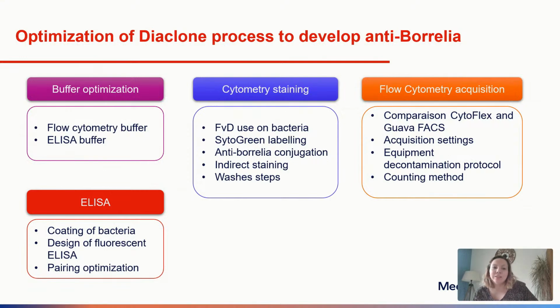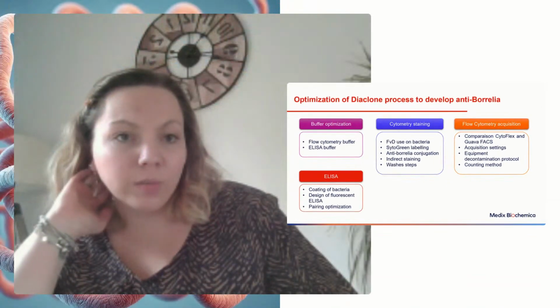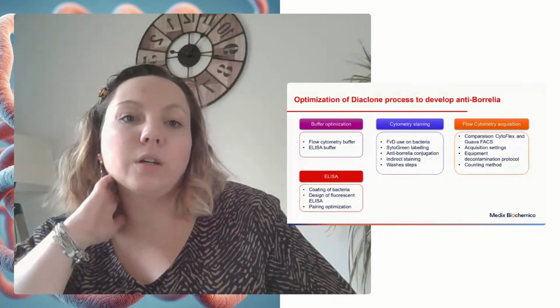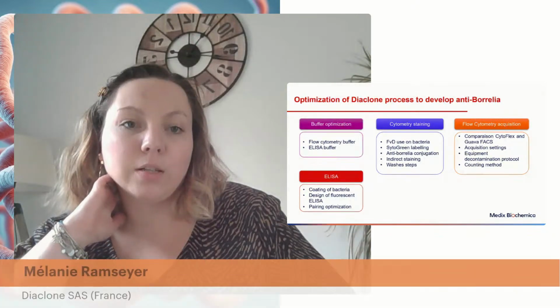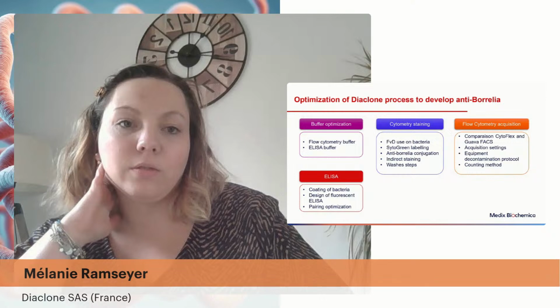Different types of buffer were tested for ELISA and flow cytometry because usual buffer is not really adaptive for this bacteria. About flow cytometry, different types of staining were tested to identify Borrelia, such as viability via fixable viability dyes, usually used for eukaryote cells.